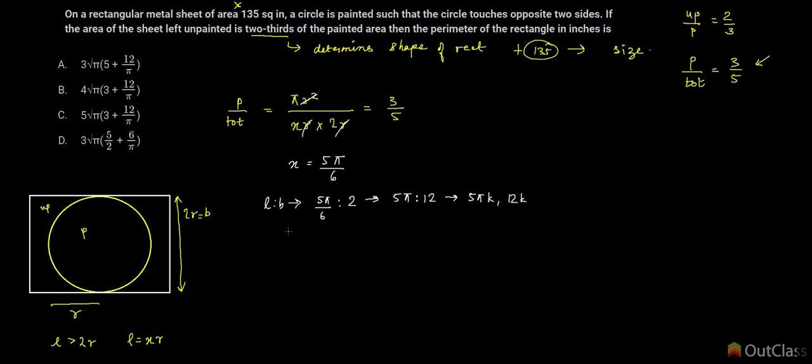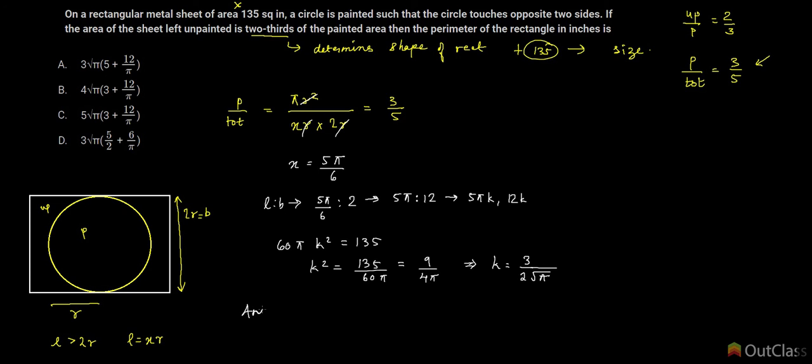So we have L into B is 135. 60 pi k square is 135. K square is 135 by 60 pi. You will see that you can take out 15, it becomes 9 by 4 pi, which basically means k is 3 by 2 root pi. So that's where we get the root.